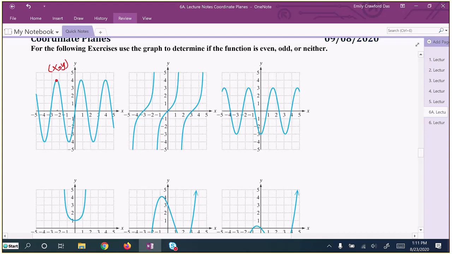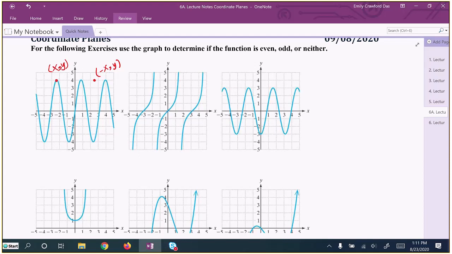So the x coordinate here is maybe like -2.5, so let's go over to positive 2.5 and see, do I have the point (-x, y)? I don't. So this is not symmetric with respect to the y-axis, and that's also pretty clear visually.